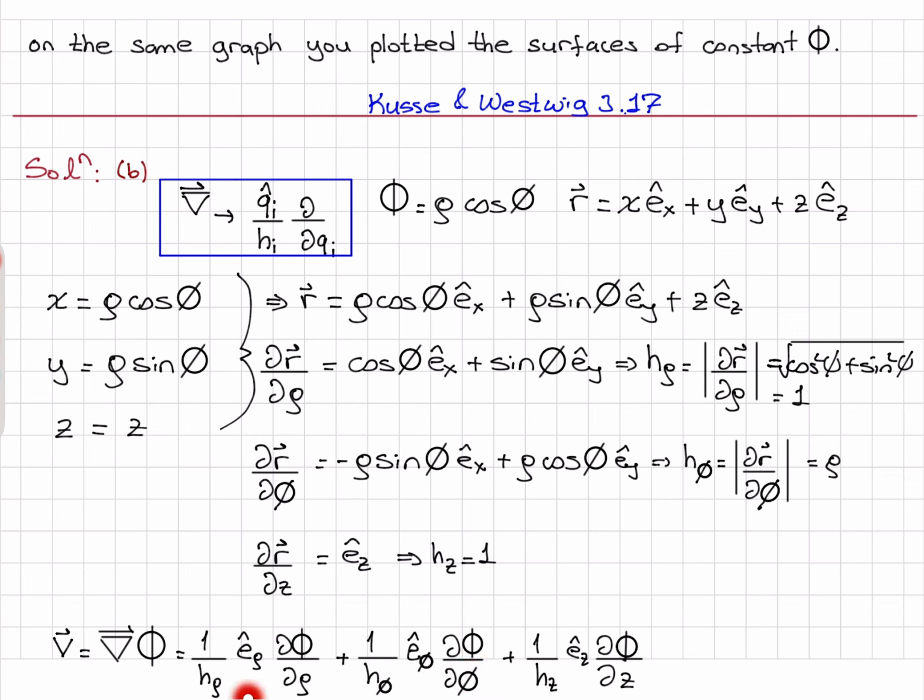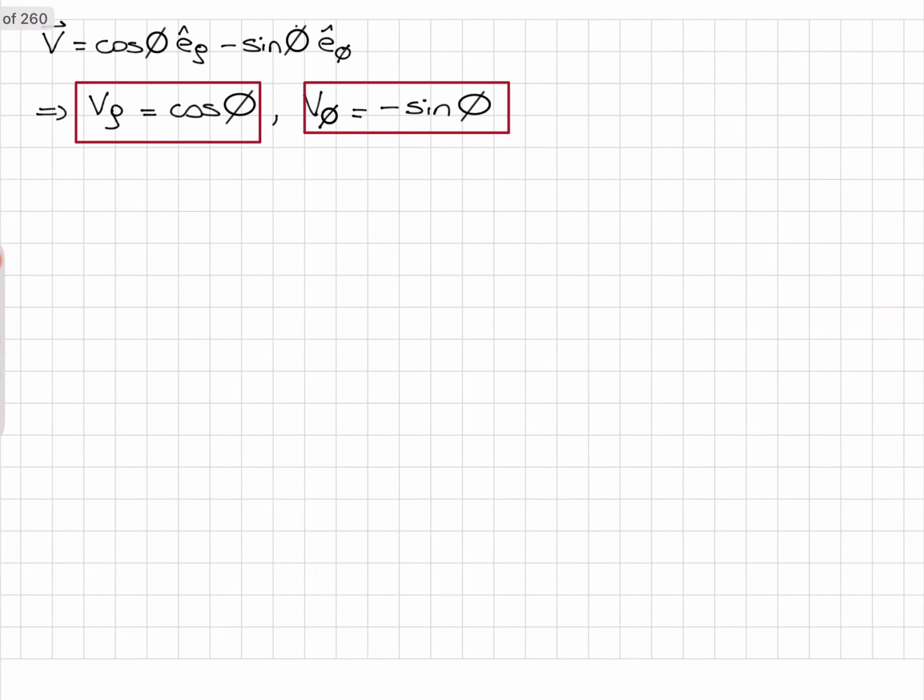And here the scale factor is 1. I'm taking the derivative with respect to rho, so I get cosine phi in the e rho hat direction for this term. So cosine phi e rho hat minus sine phi e phi hat. Therefore, the radial component is cosine phi, and the azimuthal component is minus sine phi.